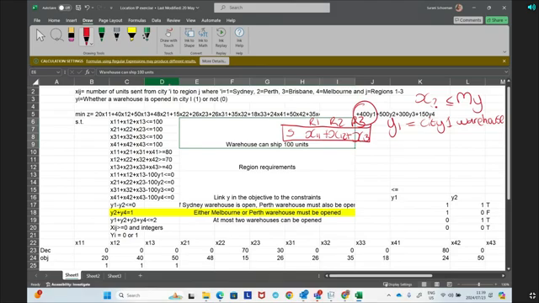To make these X's link to the actual warehouse, you have to use those variables and connect them to this warehouse, because a warehouse will be opened. If it will be open in Sydney, it will handle those X variables. So that's going to be X11 plus X12 plus X13 less than or equal to some max value Y1, because that's the warehouse we're linking to those variables, specifically for City 1.